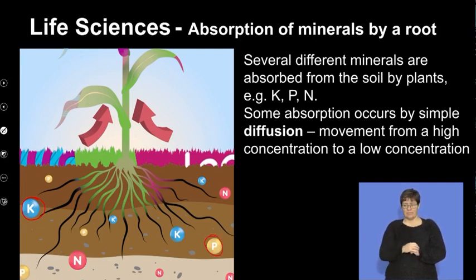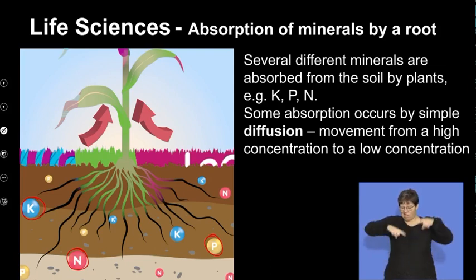Another element in the soil that is absorbed is P, which is phosphorus. And then the third most important one is N, which is nitrogen. And those are the three most important minerals that plants absorb. They do absorb a whole range of other ones, but these are the most important ones.